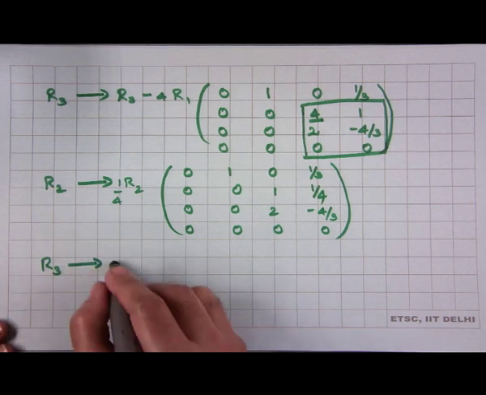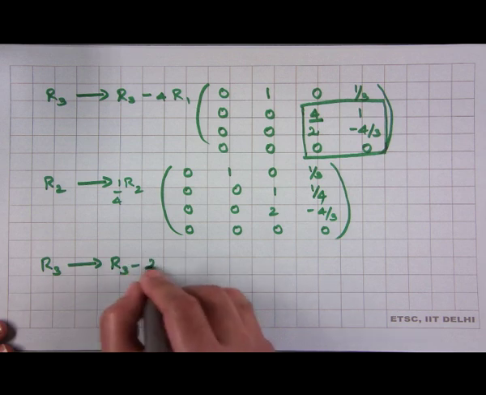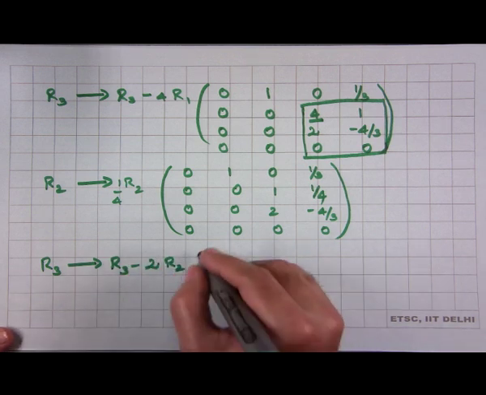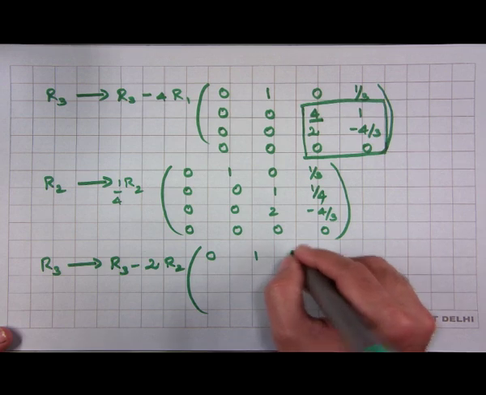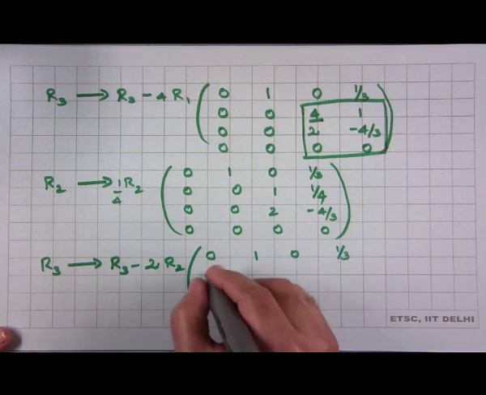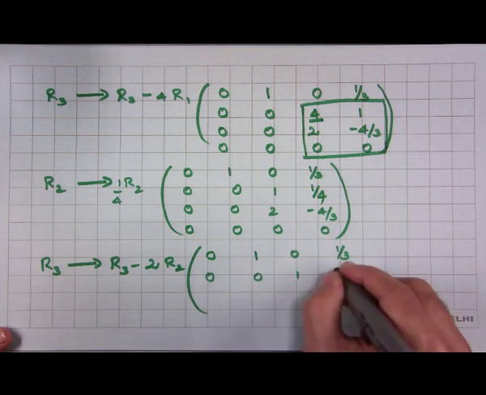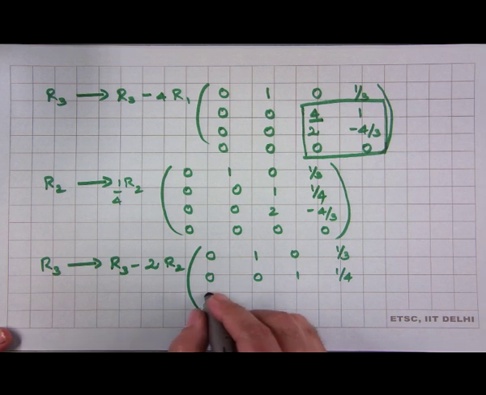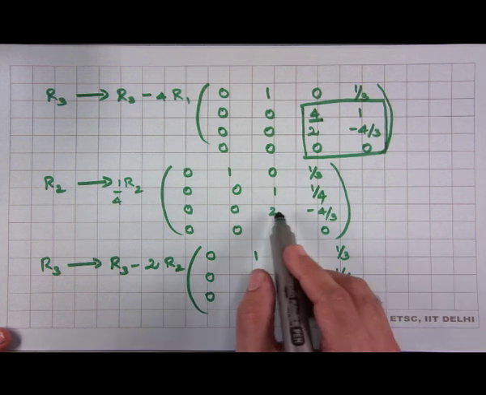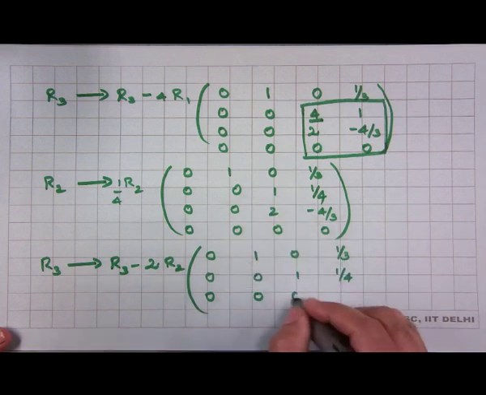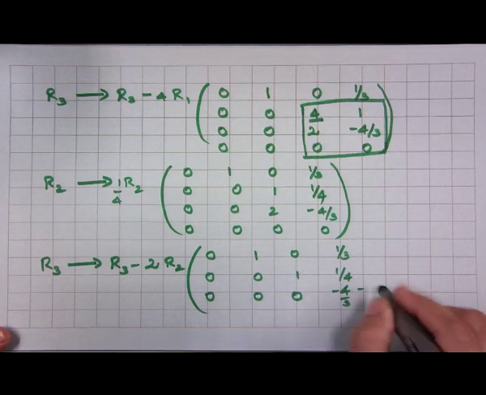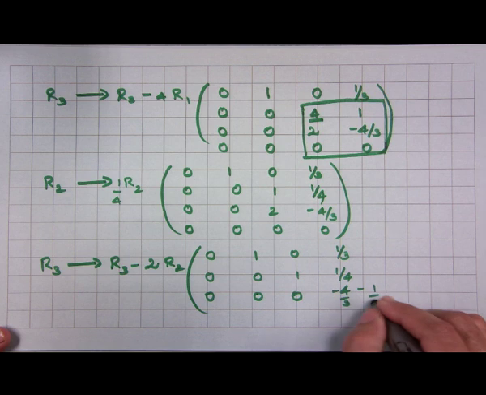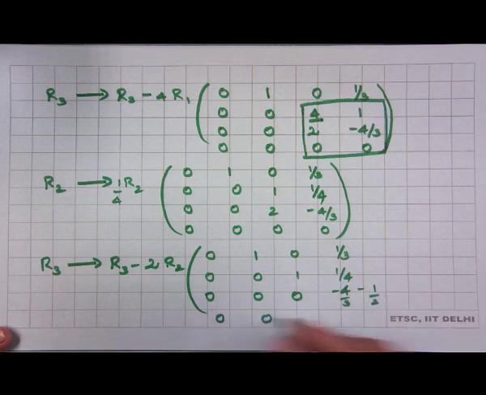R3 is replaced by R3 minus 2 times R2, 0 1 0 1 by 3, 0 0 1 1 by 4, 0 0 2 minus 2 times 1, which is again 0, minus 4 by 3 minus 2 times 1 by 4, which is half, 0 0 0 0.